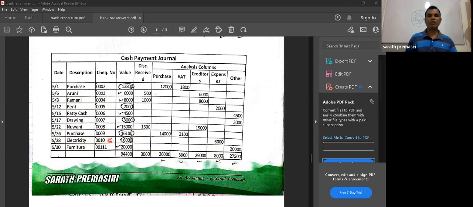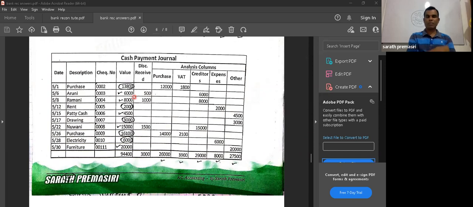Electricity 0010, 6,000 worth. Are all these okay for you? Are they all correct? Are there any problems? Minuki?